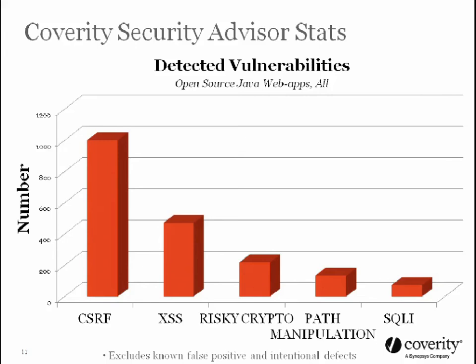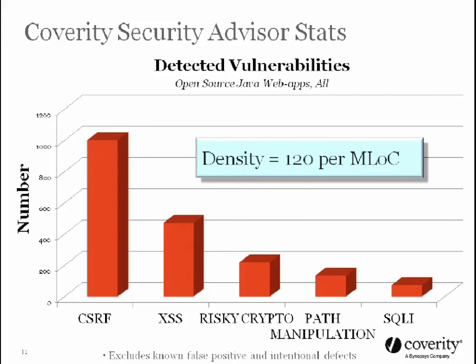So this is open source web applications, and there are some bright spots in that field. Some of them are doing it right, but it's a fair characterization to say that they're a little slower in the uptake of security fixes. So you might ask, well, what about enterprise applications? At least there's a measurement for open source web applications. There's about 120 CSRF vulnerabilities per million lines of code.